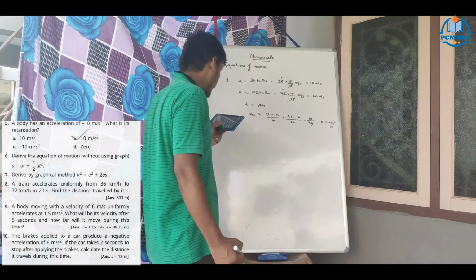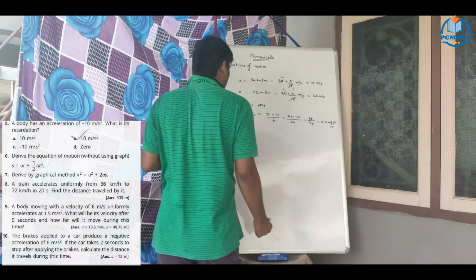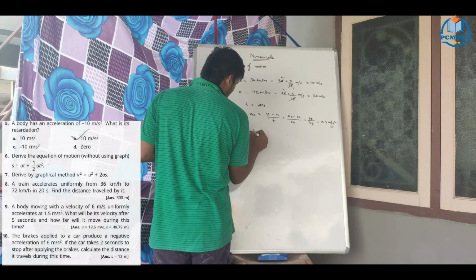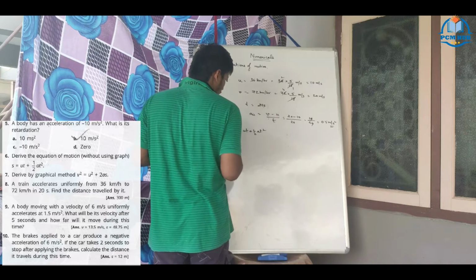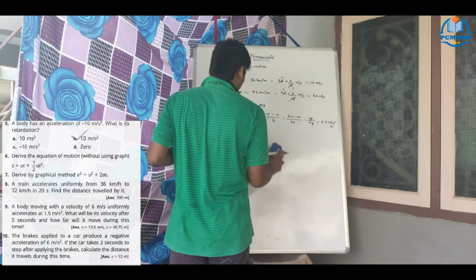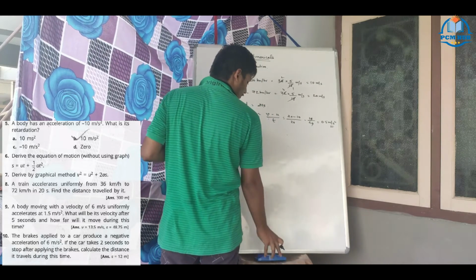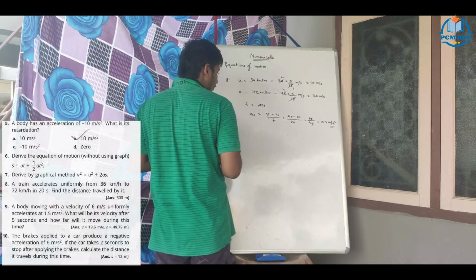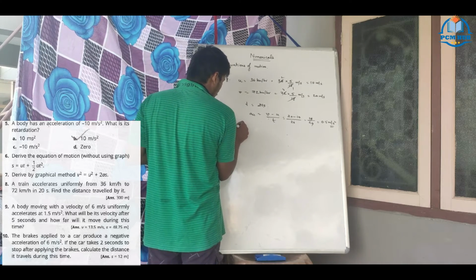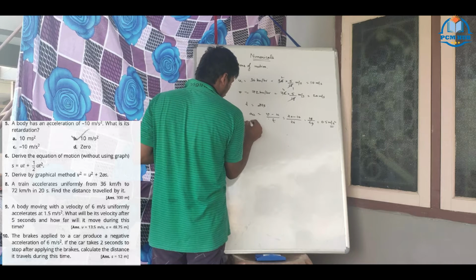Find the distance traveled by it. So it is asked the distance. So s equal to ut plus, or one more thing you can do. We already have acceleration, so you will use the third equation, because we have all these factors, and it is easy to do using equation number 3.